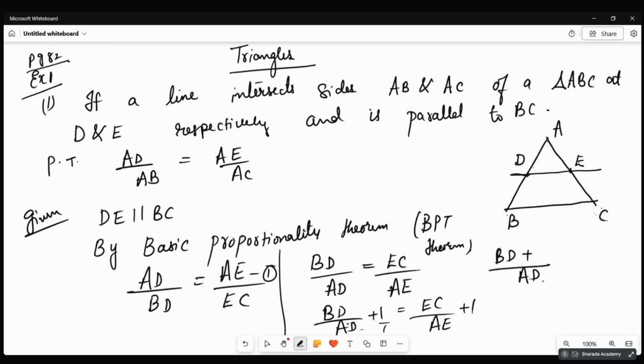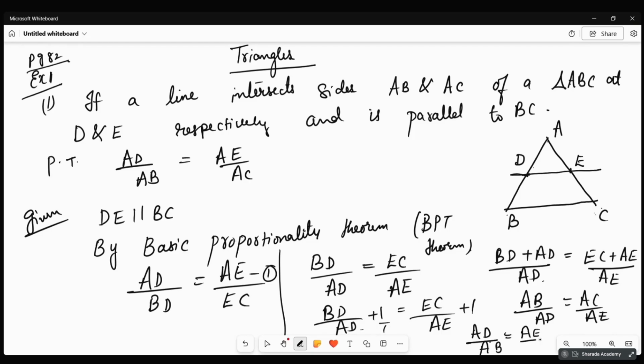So I will get BD plus AD by AD, equal to EC plus AE by AE. BD plus AD is equal to AB, so AB by AD is equal to EC plus AE, that is AC, divided by AE. When I take the reciprocal, I'll get AD by AB is equal to AE by AC.